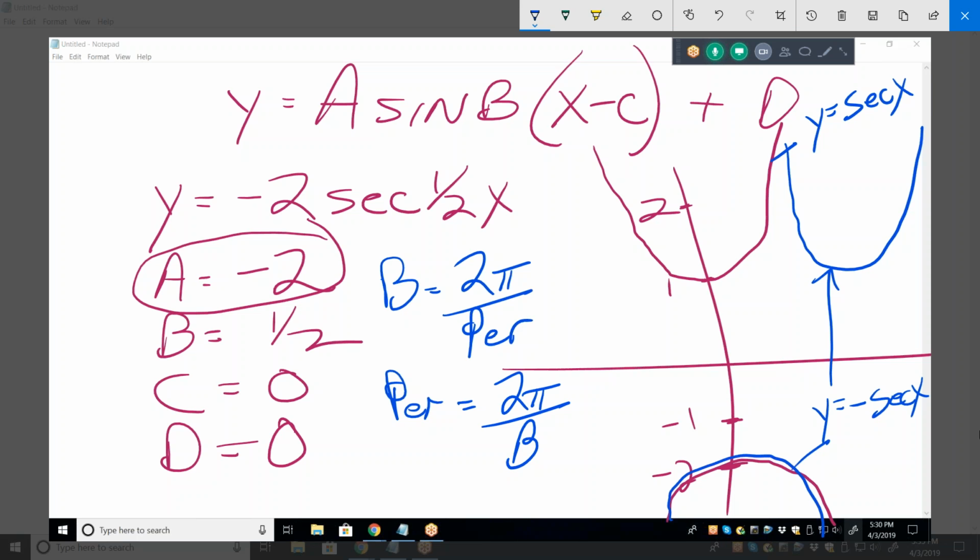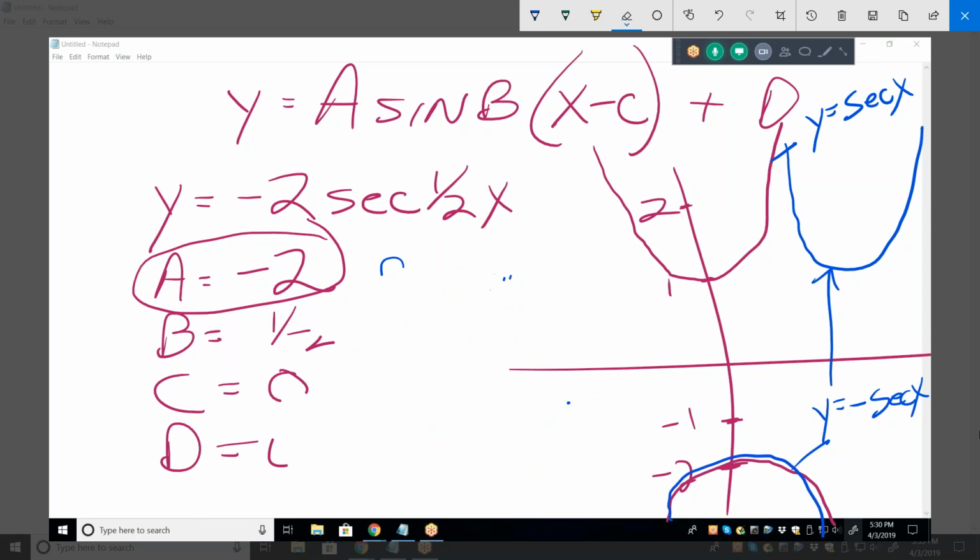So what's the period going to be? 4 pi. Correct. And what that means is that everything gets wider. Okay. Let me make some space here. I hate to erase that equation because that's the most important one.